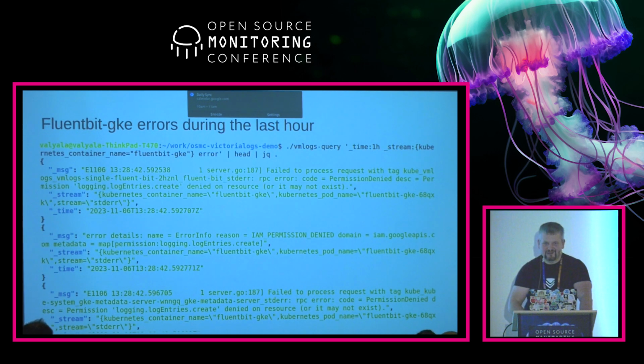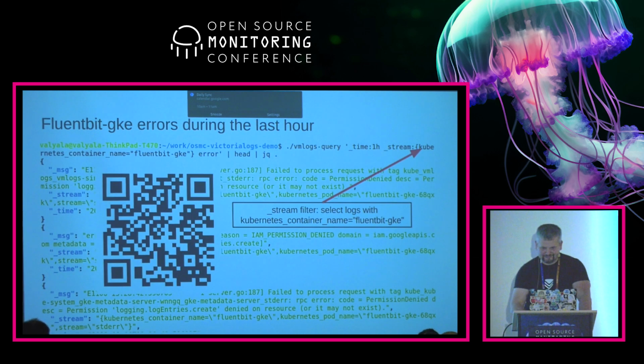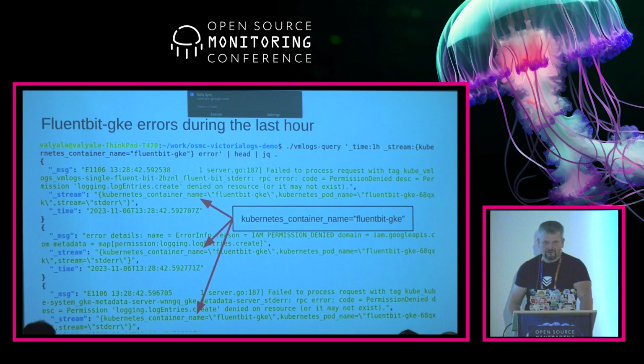Let's look at these logs. We just add the stream filter to the LogScale query. You can read about the stream filters by QR code. And that's it. You get only logs from this particular application.